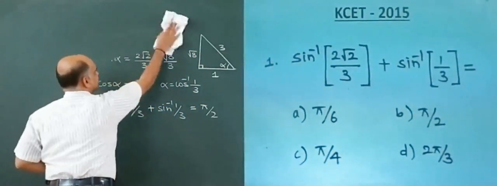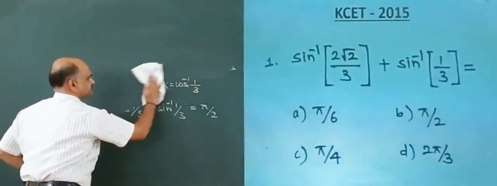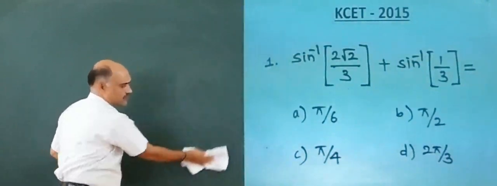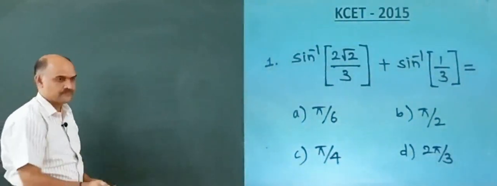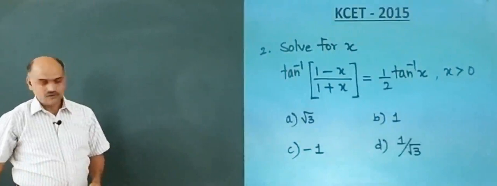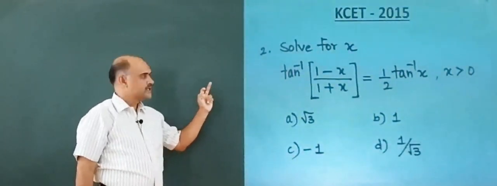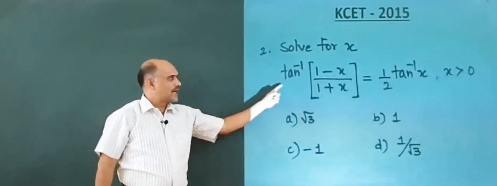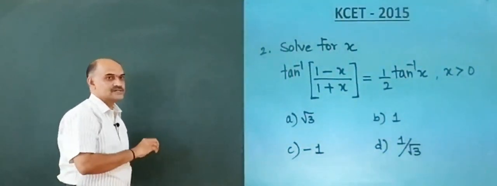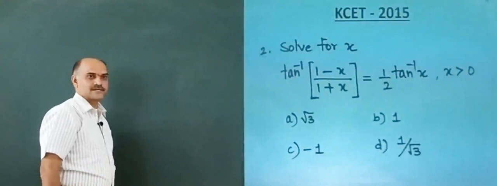So next, we will go for the second one. Solve for x. You are required to find the value of x. Now here I can apply the formula tan inverse of x minus y by 1 plus xy.